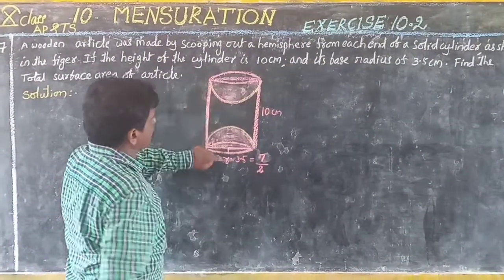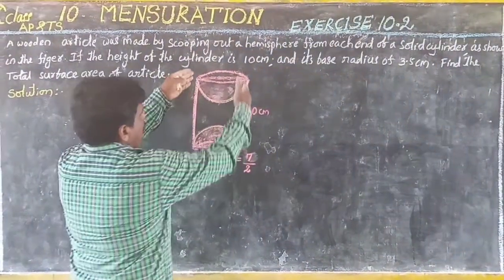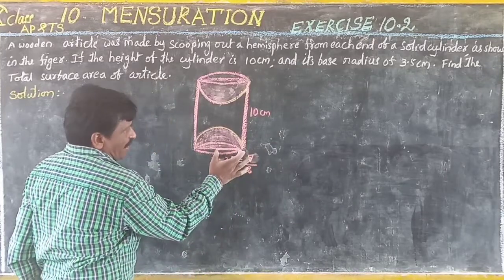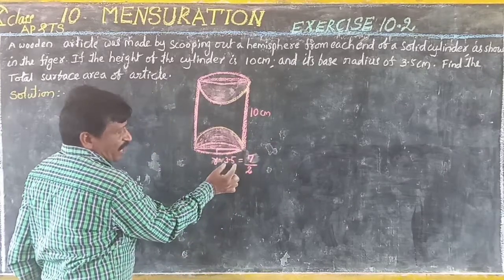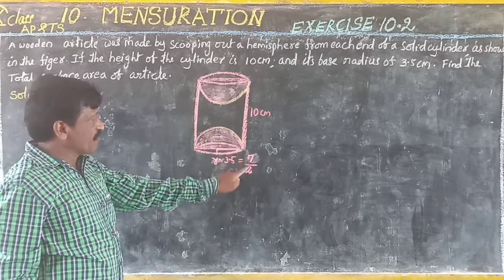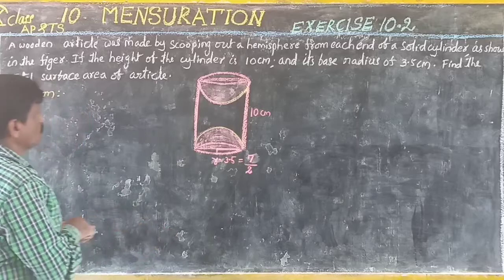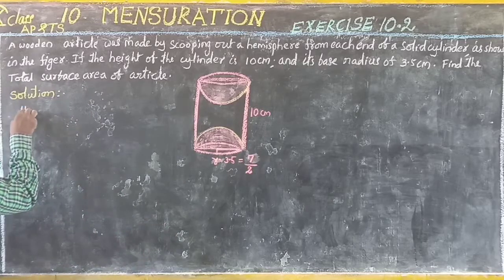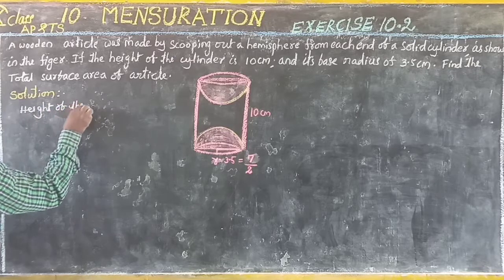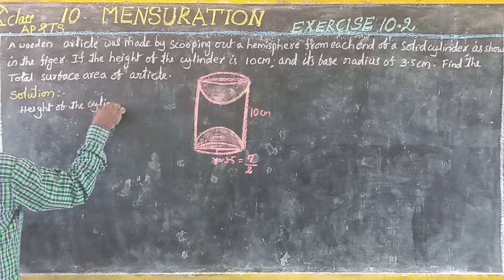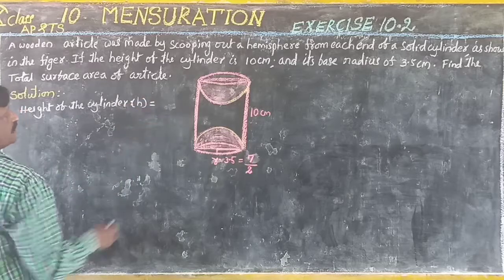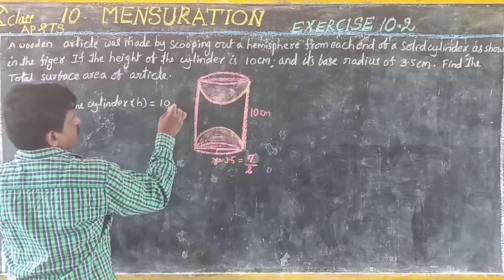So this is the figure. The height of the cylinder is 10, and the radius of the cylinder or hemisphere is 3.5, you may write 7 by 2. So the height of the cylinder is equal to 10 centimeters.